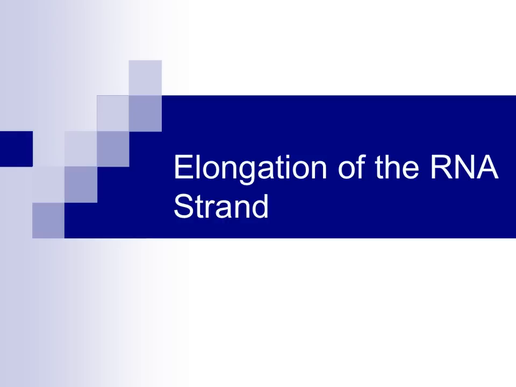Okay, initiation is probably one of the harder parts of transcription, but now we're going to move on to elongation of the RNA strand. Now that we've initiated and started forming the RNA strand, how are we going to elongate it?